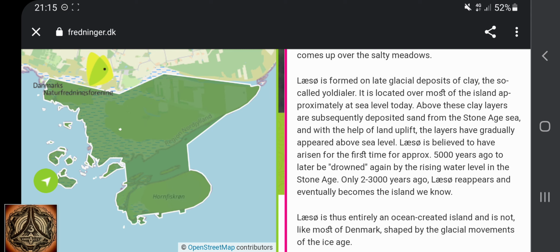And with the help of land uplift, the layers have gradually appeared above sea level. Land uplift. Læsø is believed to have risen for the first time approximately 5,000 years ago, to later be drowned again by the rising water level in the Stone Age only 2,000 or 3,000 years ago.